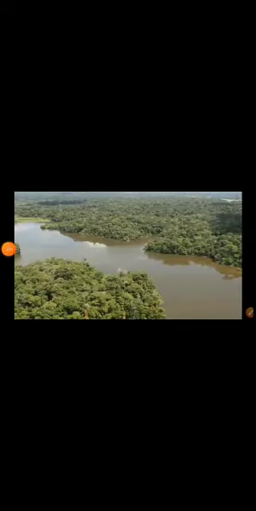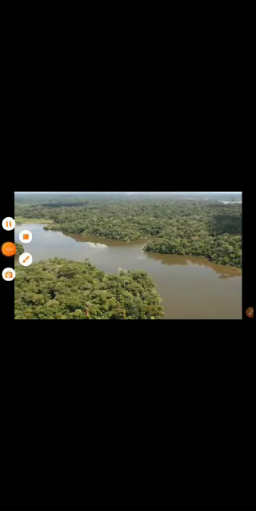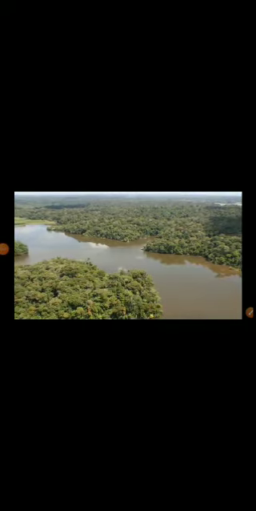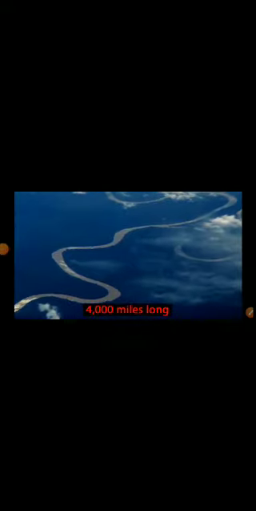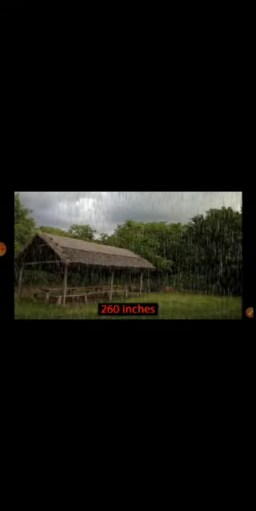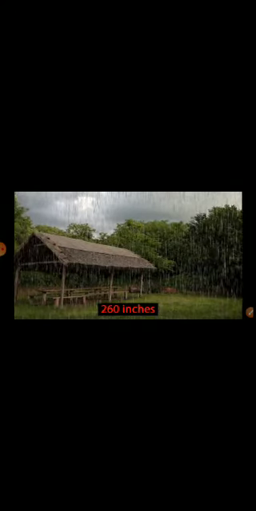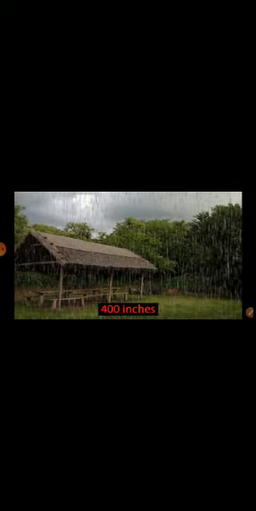You will also hear this rainforest called Amazonia because the mighty Amazon River runs through it. The Amazon is 4,000 miles long and is the second longest river in the world. As their name tells us, rainforests get much more rain than anywhere else in the world. It usually rains about 260 inches each year, but can reach as much as 400 inches.